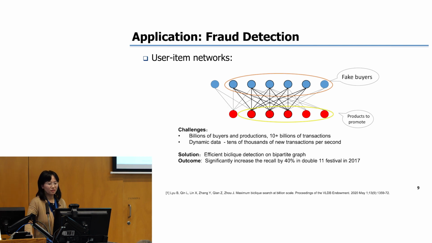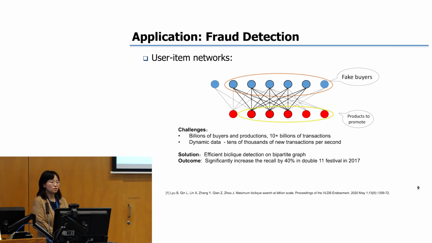So the solution for this is that we model this dense subgraph as a biclique, and aim to very efficiently retrieve it at sub-millisecond scale. We're talking about sub-millisecond scale to efficiently detect them on this bipartite graph, to minimize the loss of the e-commerce platform.